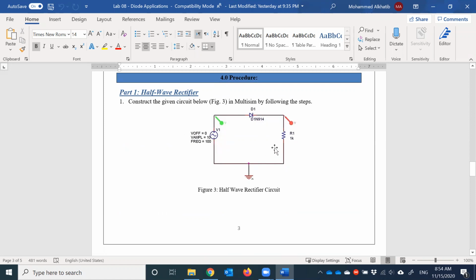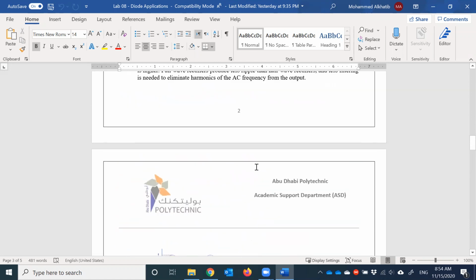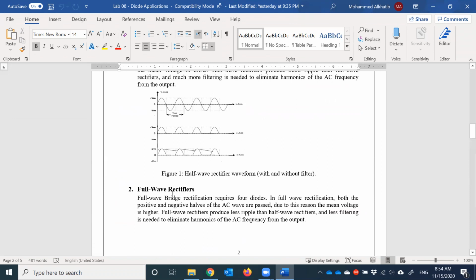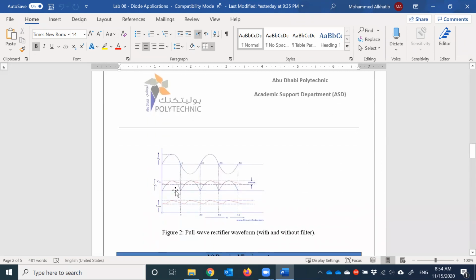And later, after we do this circuit, we're going to do the full wave rectifier, and similarly we will get all half cycles passing. However, the negative ones will become positive and the positive ones will remain positive, and the output will be this, let's say, ripple kind of waveform.